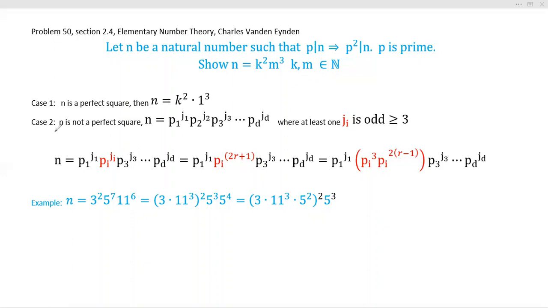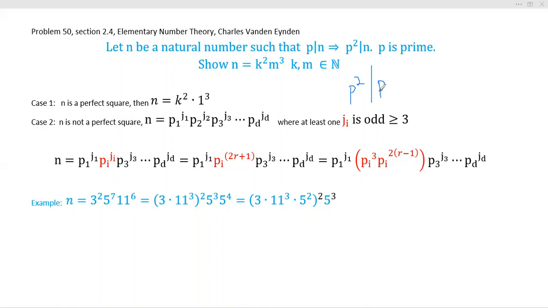Now, case 2 is a little bit different. If it's not a perfect square, that implies that at least one of the j sub i's is going to be odd. And the reason is that p squared definitely divides p cubed, right? P squared is a divisor of p cubed.